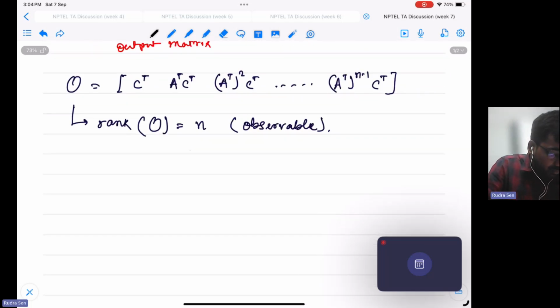Now we will see what the procedure is to check the rank of a matrix. If this matrix is a square matrix, then we can see whether the matrix is singular or not, that is, whether the determinant of that matrix is non-zero or not.